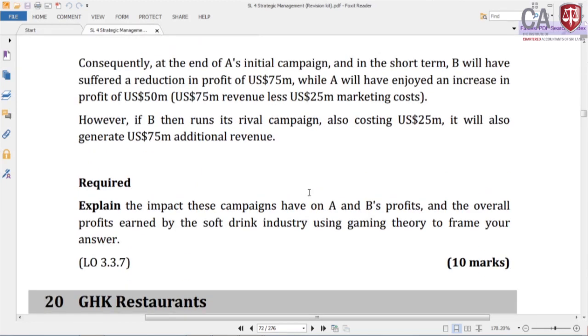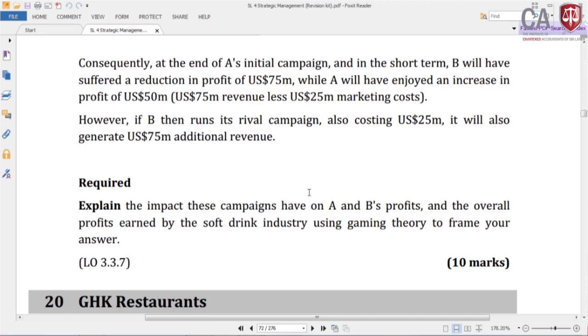Required: explain the impact these campaigns have on A and B's profit and the overall profit earned by the soft drink industry, using game theory to frame your answer. So, how many marks are given for the question? 10 marks are given for the question.